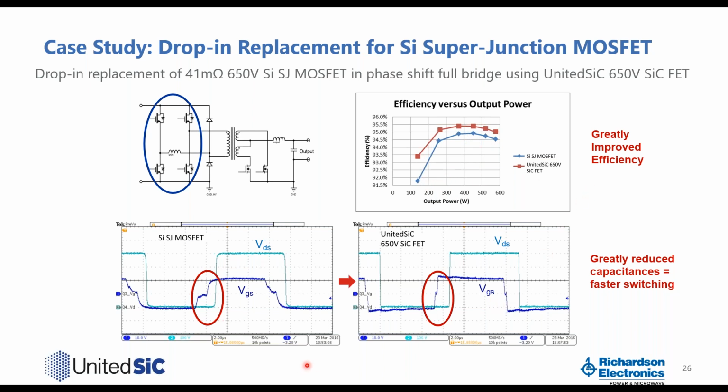Another benefit you can see from the switching waveforms is that the silicon superjunction MOSFET has a much longer delay due to the CISS. But after replacing it with the UnitedSiC silicon carbide FET, the delay is much lower, and so this means you can do much faster switching due to this greatly reduced capacitance.